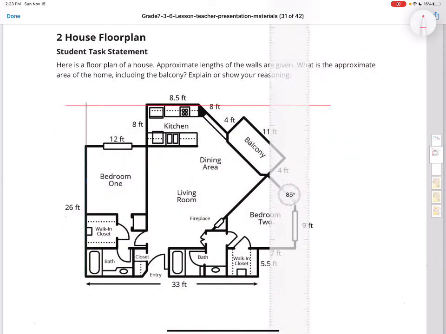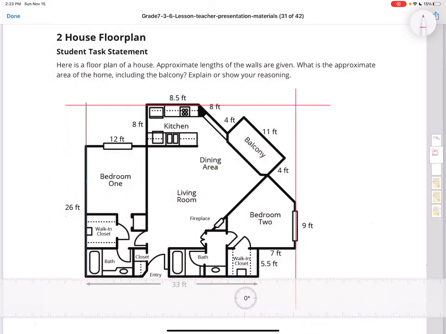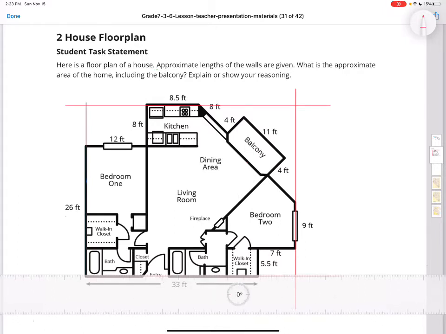So here we go. You guys could be doing this at home. So now that I've created a rectangle around this shape, I want to find the new measurements of these new lengths that I just created.